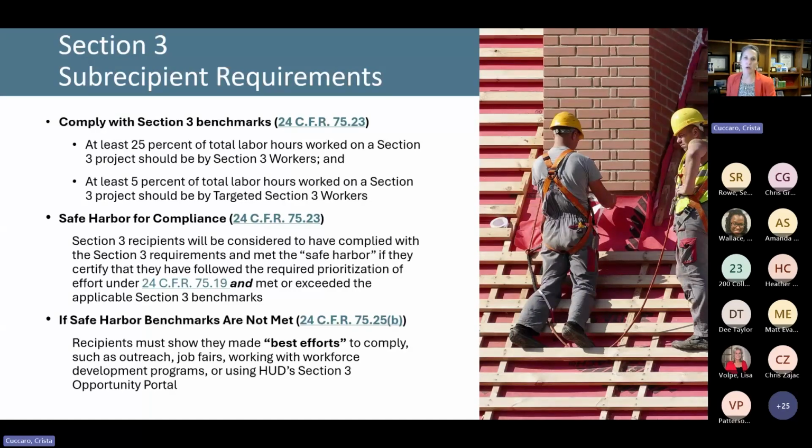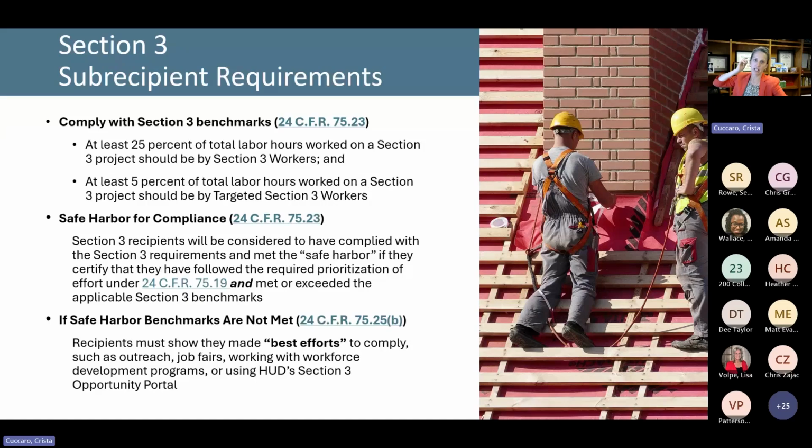One of the primary requirements in terms of compliance with Section 3 focuses on benchmarks. HUD has established benchmarks to indicate compliance with Section 3. What we're talking about here, again, is employing Section 3 workers, training Section 3 workers, contracting with Section 3 workers.